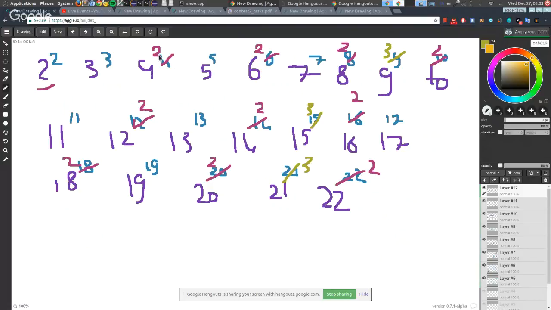So we end up having some array like this. It's saying the smallest divisor of 11 is 11, and 12 is 2, and so on.